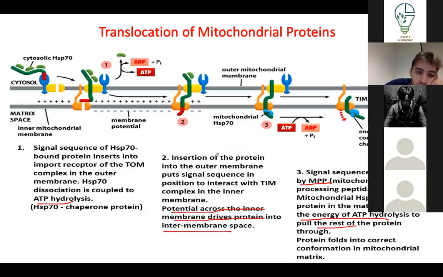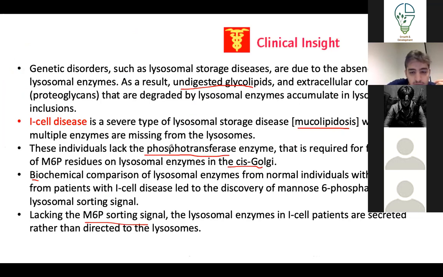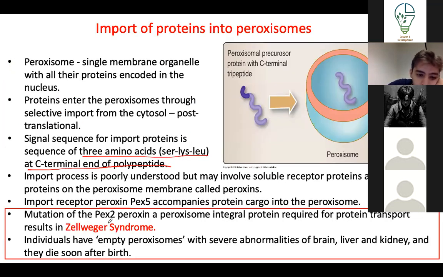Here, I think the role of ATP and chaperone proteins, because I remember a question asked about it. Where does ATP hydrolysis occur? If I'm not mistaken, here you should 100% know I-cell disease and phosphotransferases, and why, if you don't have phosphotransferase, you end up with I-cell disease. You should know Zellweger syndrome is due to a mutation in peroxisome.